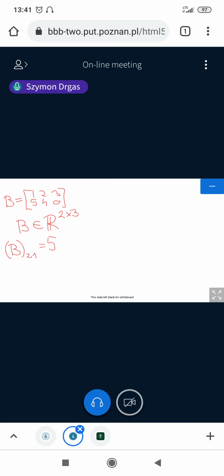Yes, so I think that we can start with the first task, which is in the new PDF that I have uploaded today. It is called matrices, and in this first task we have to compute several products.